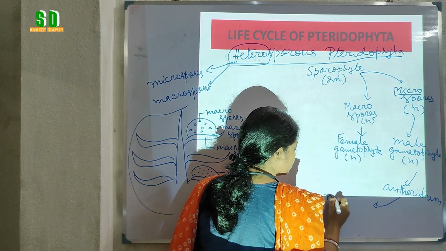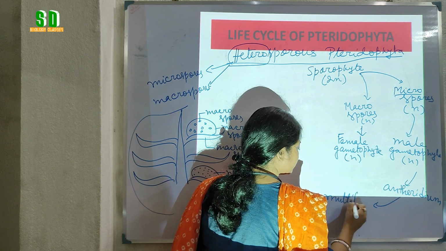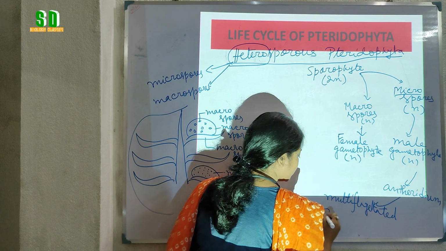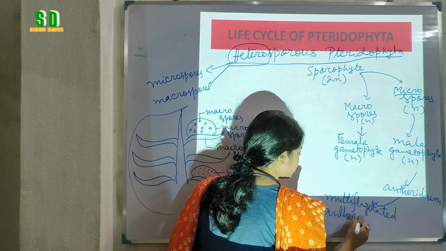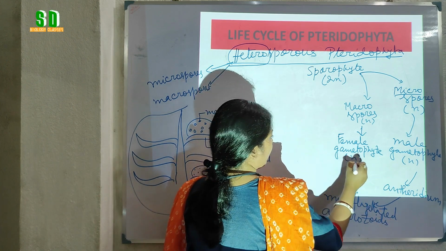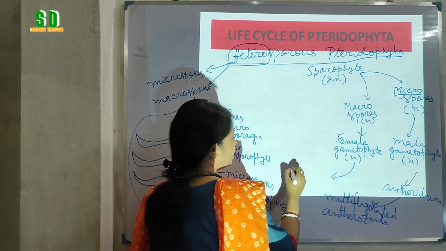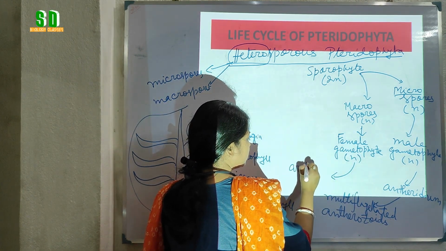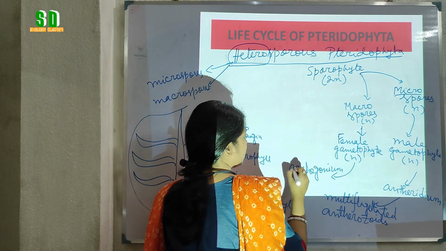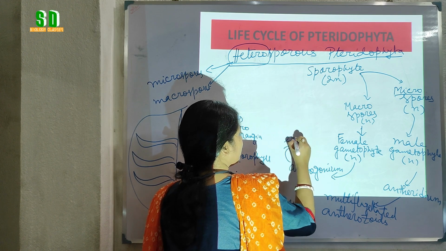Antheridia produce multiflagellated antherozoids, and within the female gametophyte, the archegonium is there that produces the egg cell.